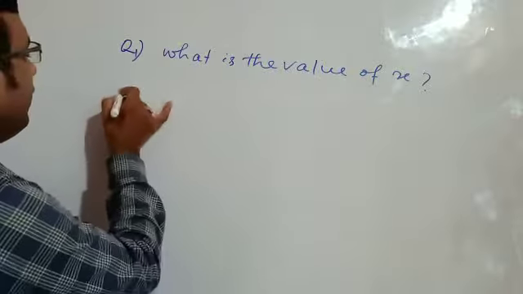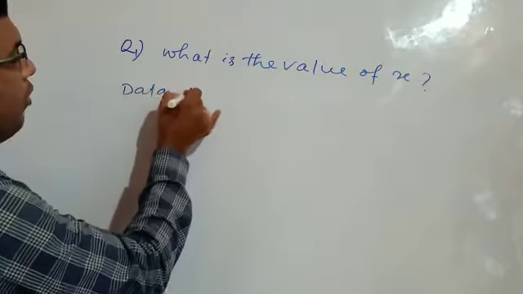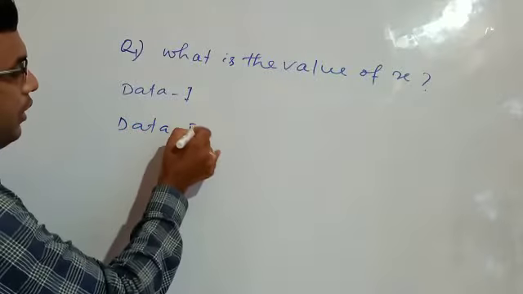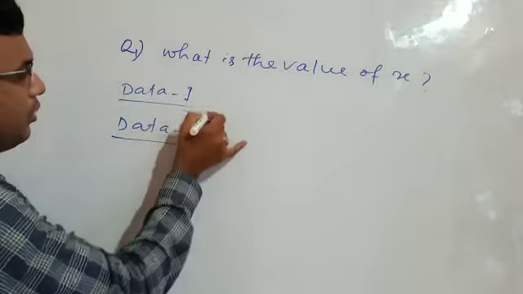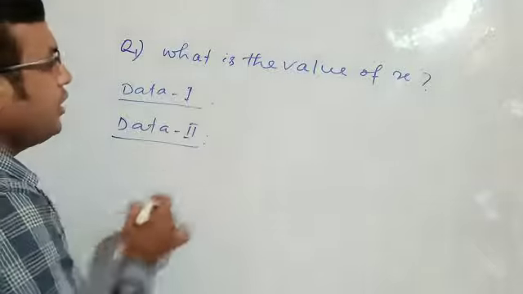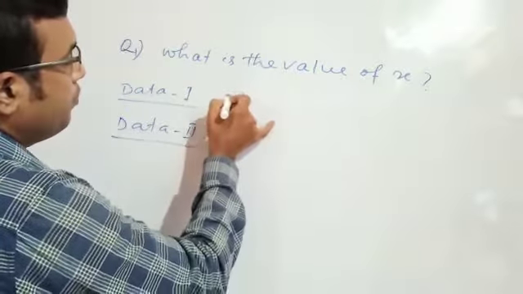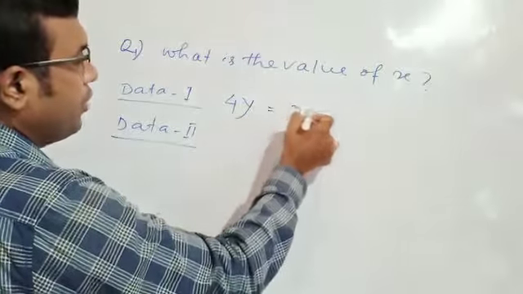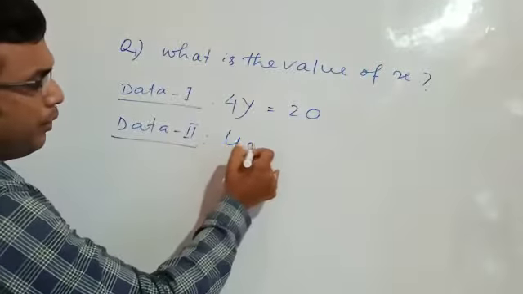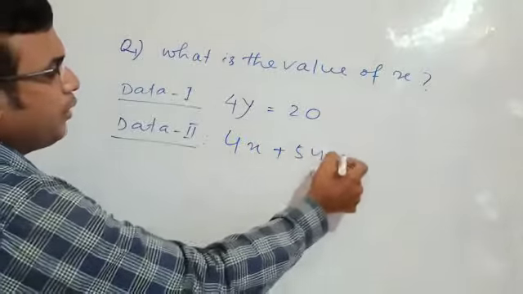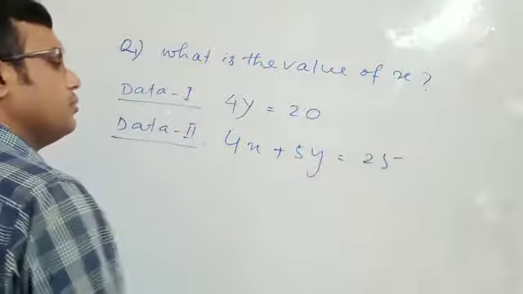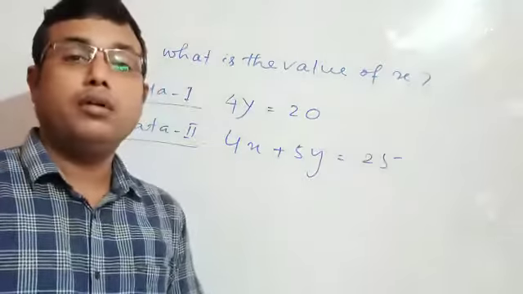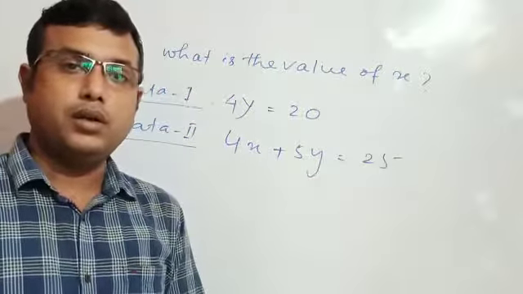Followed by data 1, then data 2, then data 1 and data 2. Data 1 is given, suppose 4y = 20. Then data 2: 4x + 5y = 25, right?